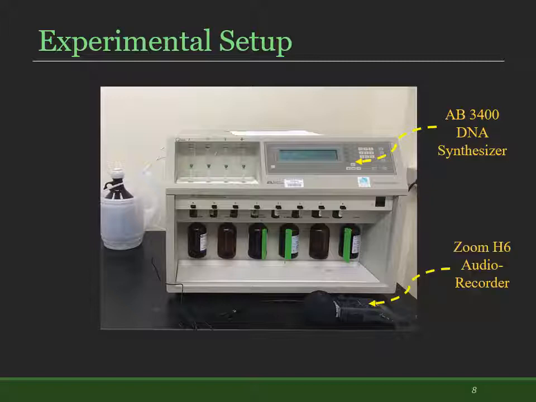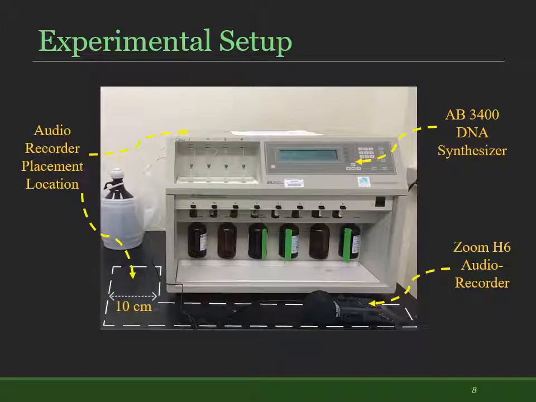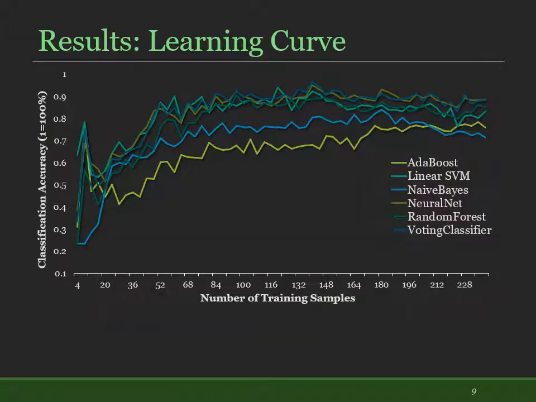We randomly placed our recorder in less than 10 centimeters proximity of the DNA synthesizer and recorded the noise that the machine generates. The microphone that we used was a Zoom H6, but there is nothing special about it, except the fact that most of its characteristics are available online. However, a commonly used cell phone could also be used for recording.